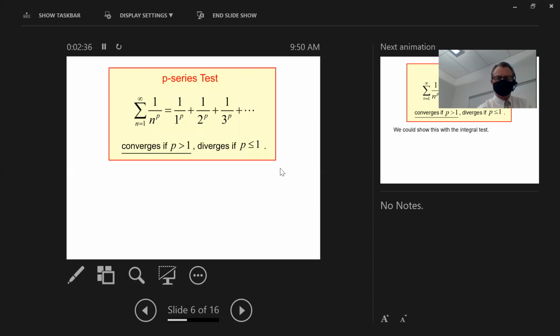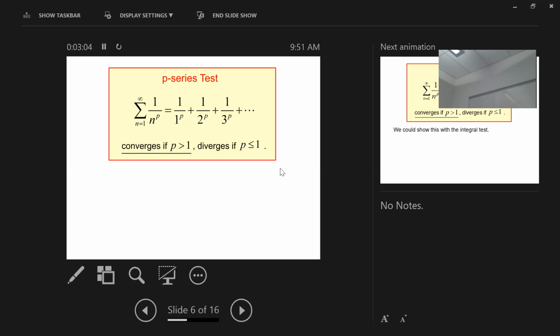P series. See, the P series test is very important to the endpoints. The P series refers to the harmonic. So look at that expression. If P is 1, all those exponents were 1.